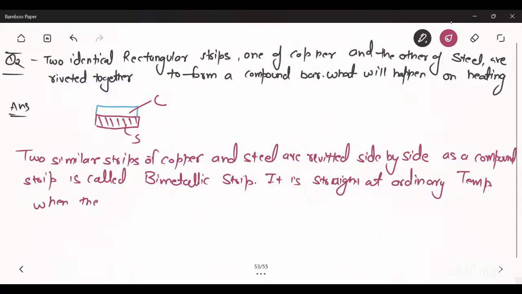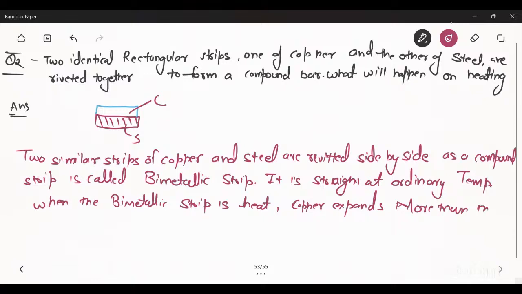When the bimetallic strip is heated, copper expands more than the steel, because the coefficient of linear expansion alpha of copper is greater than the alpha of steel.